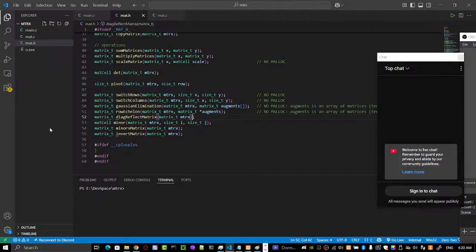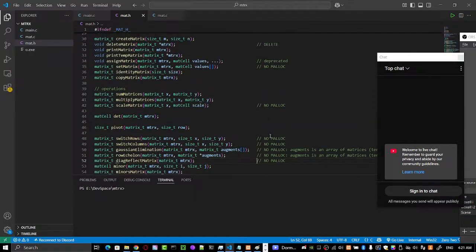Then what we have to do is, should we allocate memory for this? We simply have to swap elements, but for now we won't allocate any memory. This will return the same matrix you passed right here. No allocation is performed.